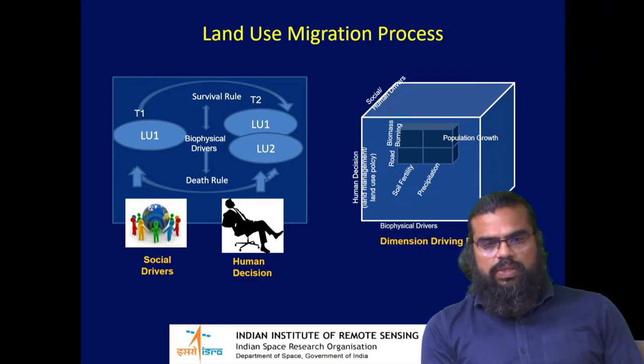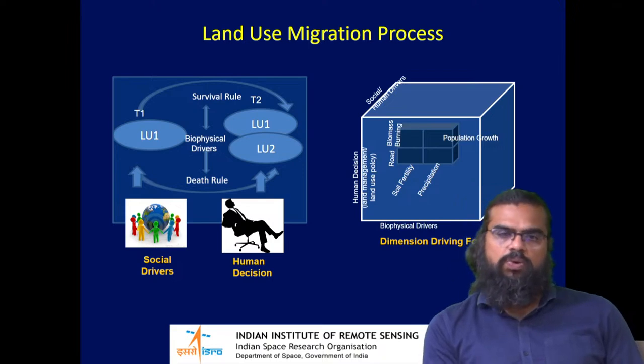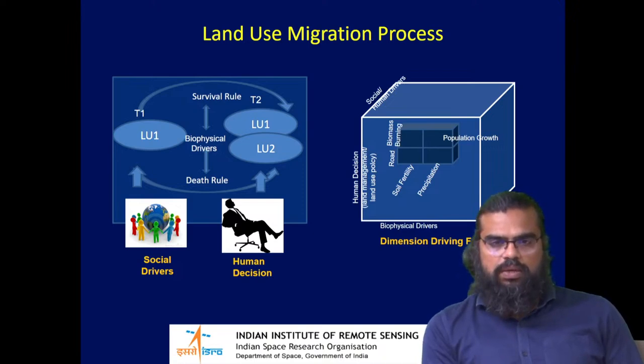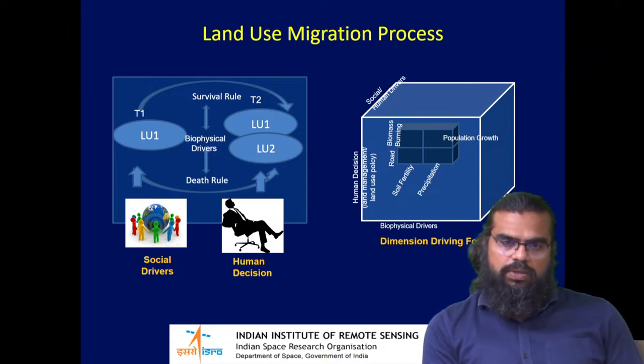Socio-economic drivers are mostly related to land, its property, corresponding population densities, and, especially for agriculture and forest, soil productivity and other characteristics also play an important role.